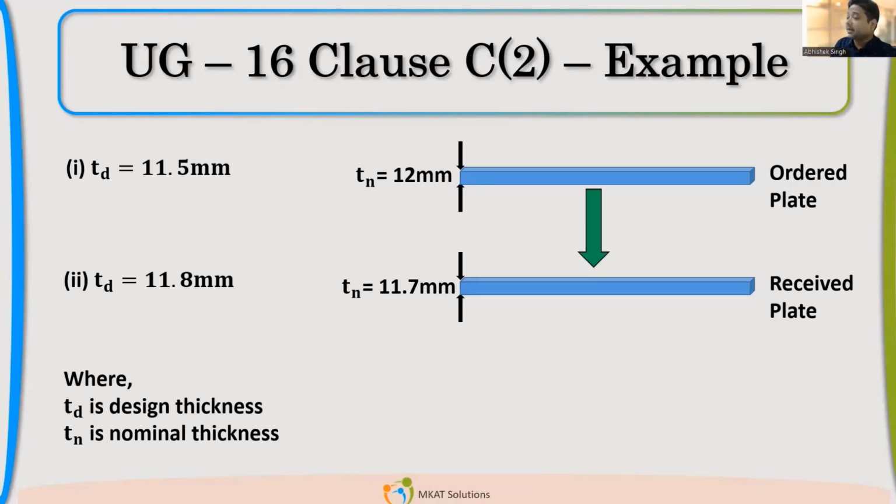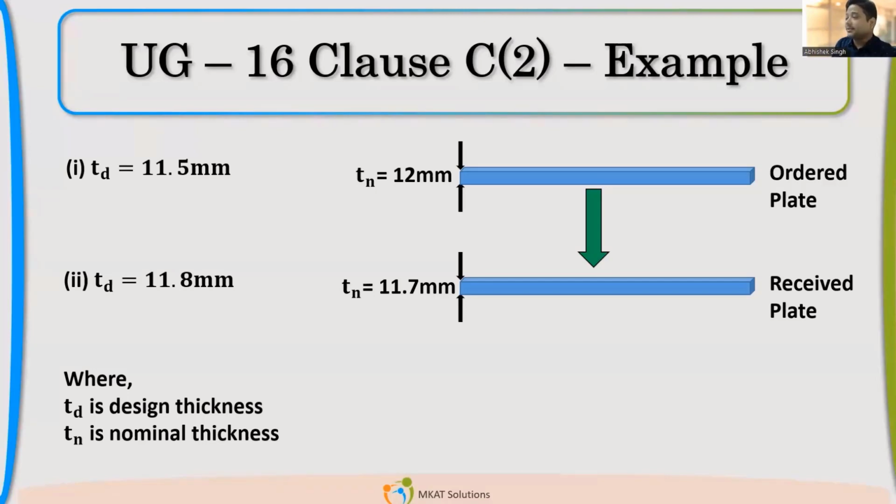Anybody can write in the chat box? 0.36, right? So now if you see 0.36 and the other is 0.3, I have to select the minimum of these two. So definitely 0.3 is the minimum. So for any thickness larger than 6, the 6% of the nominal thickness does not come into the picture.